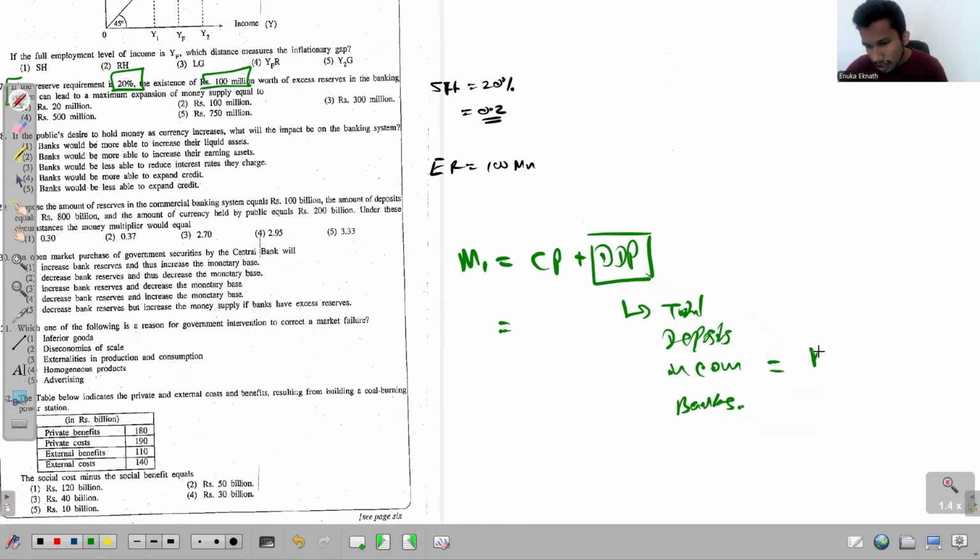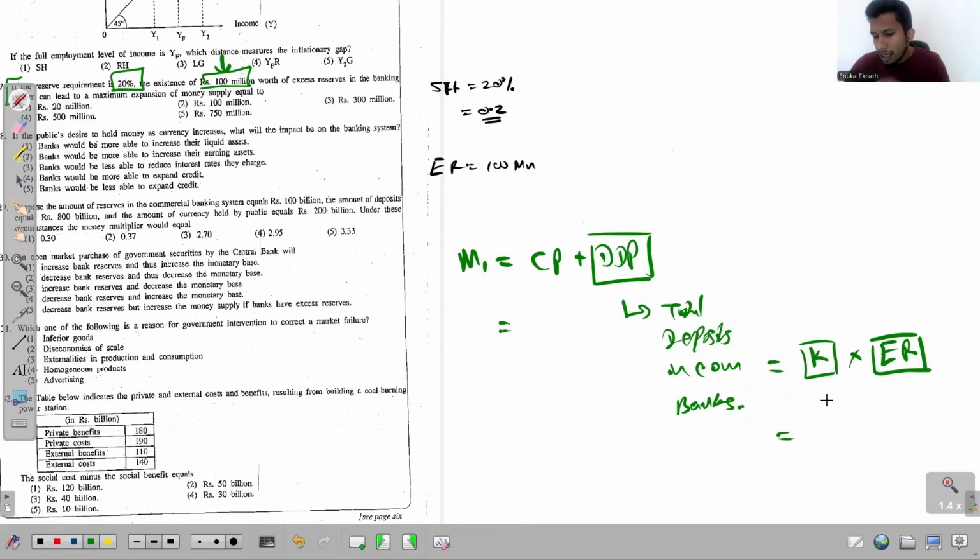We can write deposit multiplier times the excess reserve. Because using this excess reserve, you can offer loans, we can create credit. So excess reserve times the deposit multiplier will be the total deposit that will be created in the entire banking system as a result of having this 100 million excess reserve.